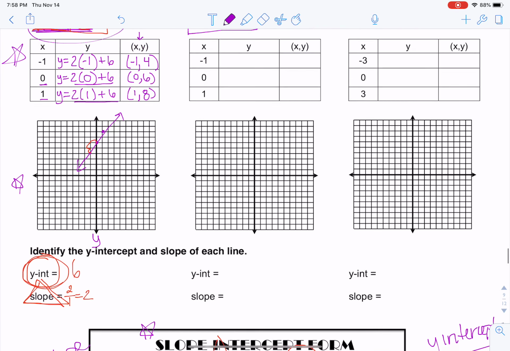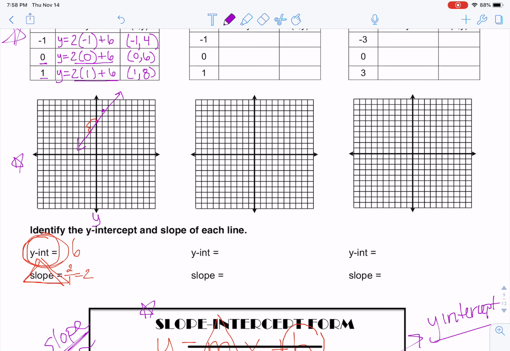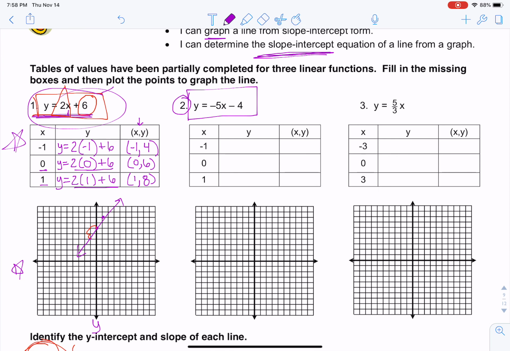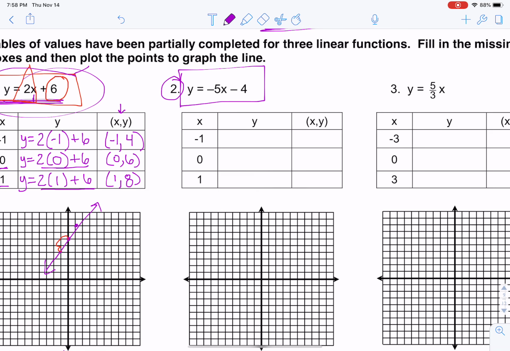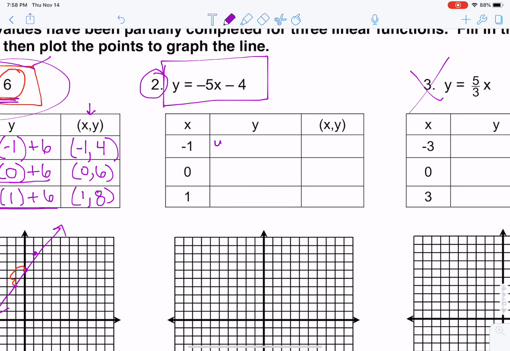I'd love for you guys to try example 2, just this table of values, and see what the y-intercept and the slope are. I'm going to get you started and then have you finish it. We're going to skip number 3. Remember, we're just plugging in these x values. Y equals -5 times x, minus 4.